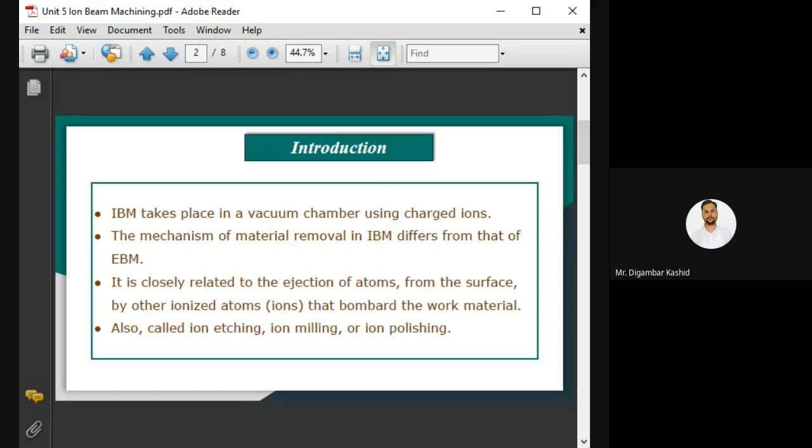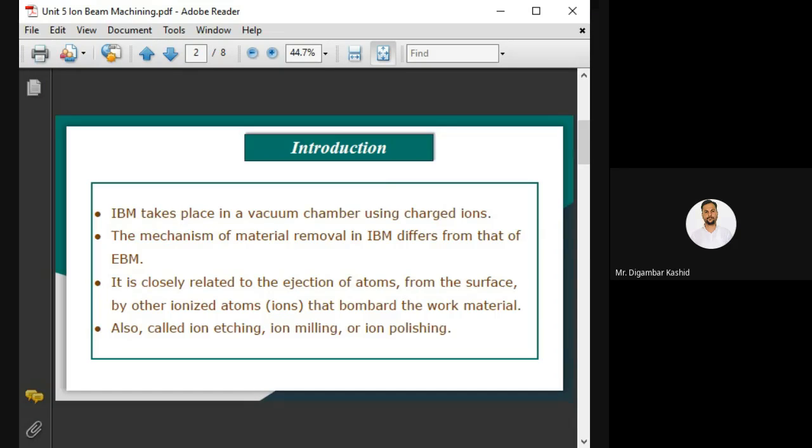So here also, ion beam machining takes place in a vacuum chamber using charged ions, which are fired from an ion source, towards your workpiece.